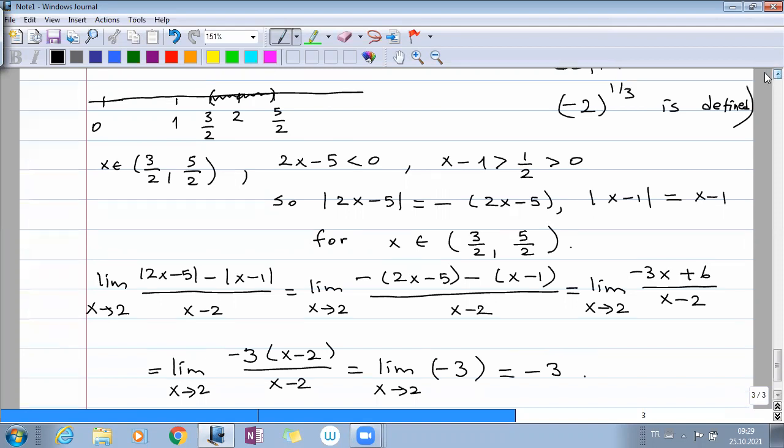So what I'm trying to do is, I have the absolute value of 2x minus 5, and in order to evaluate the limit, I have to get rid of this absolute value.